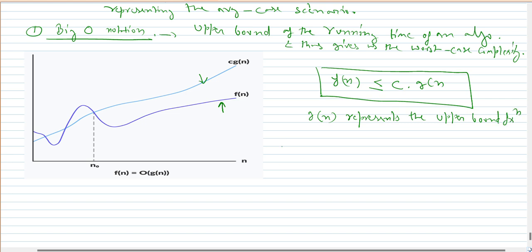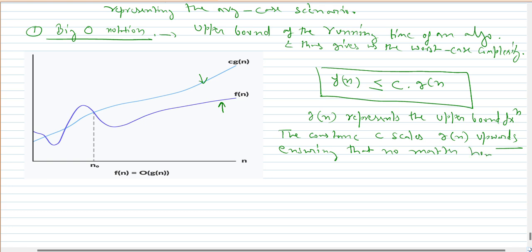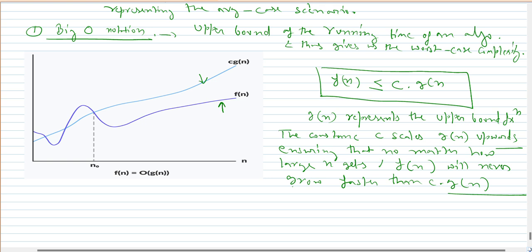The constant c scales g(n) upwards, ensuring that no matter how large n gets, our f(n) will never grow faster than c dot g(n). So this defines the upper limit or worst case growth rate.